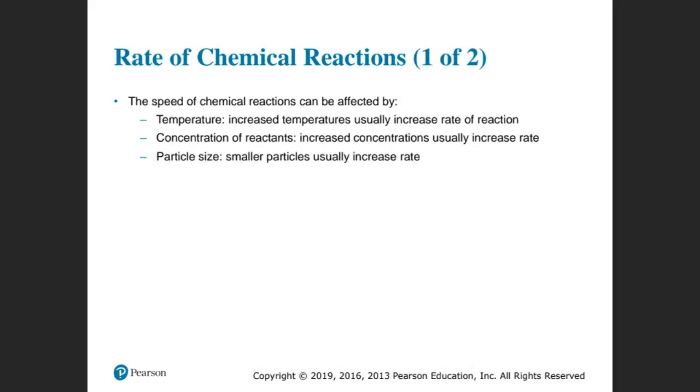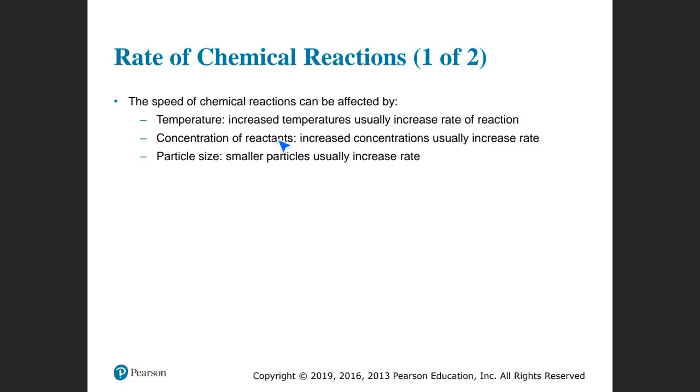But these different reactions can be either sped up or slowed down by temperature. So if temperature is higher, then generally it's going to increase the reaction rate and the speed of that process. Also, the concentration. If there's a higher concentration gradient, it usually speeds things up as well.